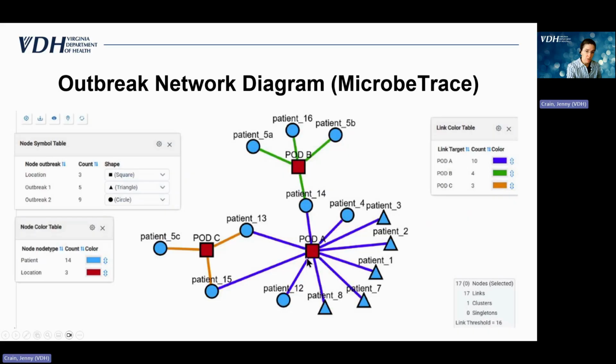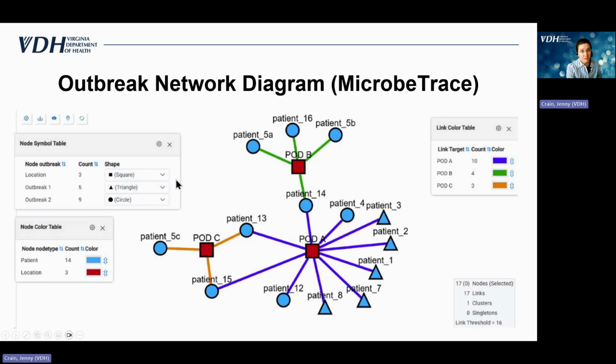But all of these patients were located in pod A at some point. So this is what the purple links are. Pod B links are in green, and so you can see here that patient 14 was transferred between pod A and pod B at some point during their hospitalization stay. And the orange link is for those patients that were associated with pod C. And so you can see patient 13 and 15 were transferred between pod A and pod C during their stay.